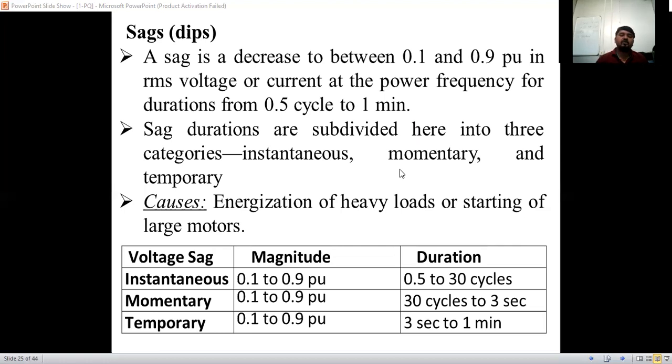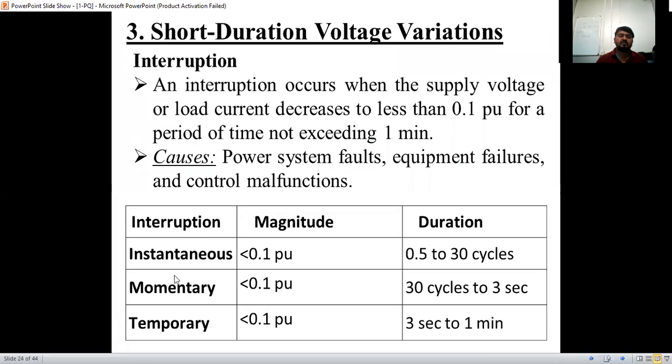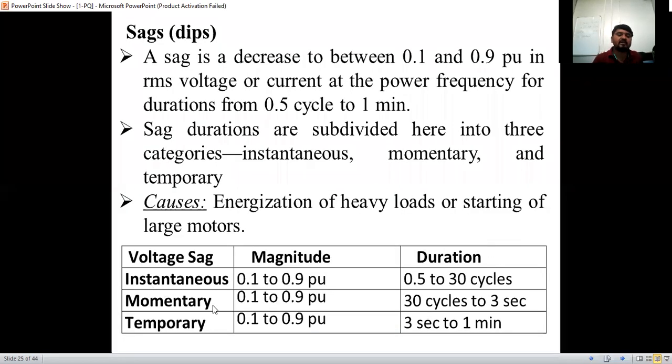Sag durations are subdivided into 3 categories. Just like the interruptions we discussed, which were divided into instantaneous, momentary, and temporary, here also the sags are divided into instantaneous, momentary, and temporary, based on duration.